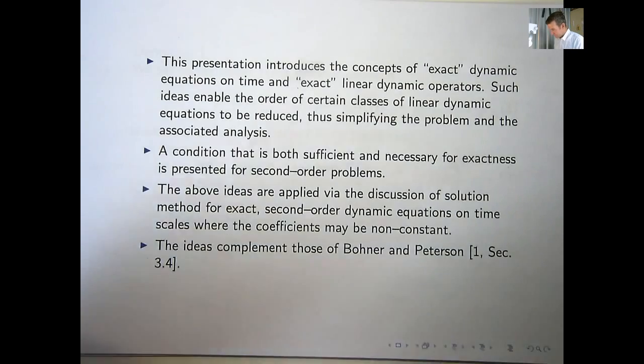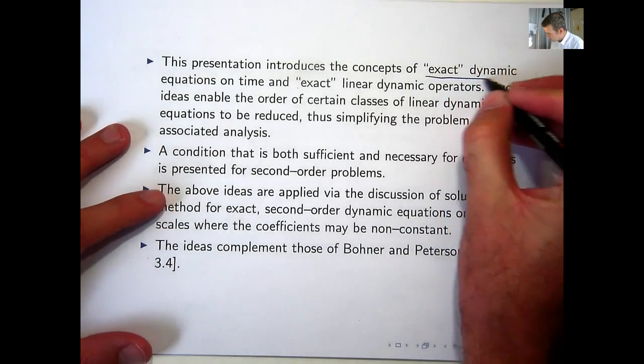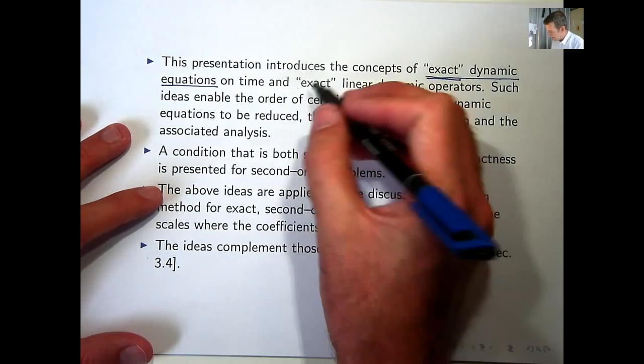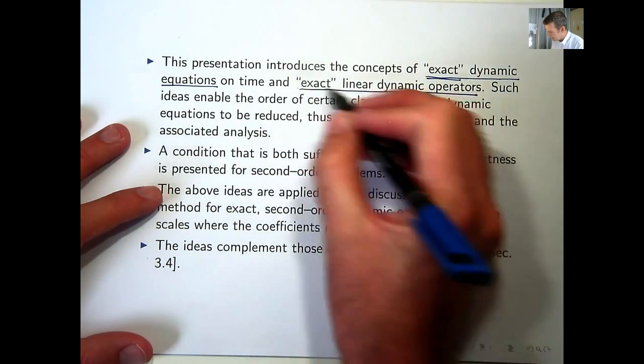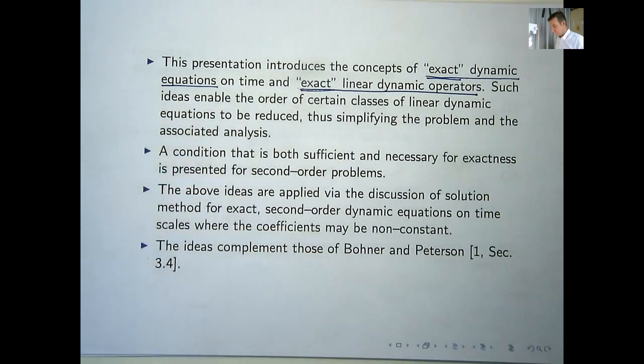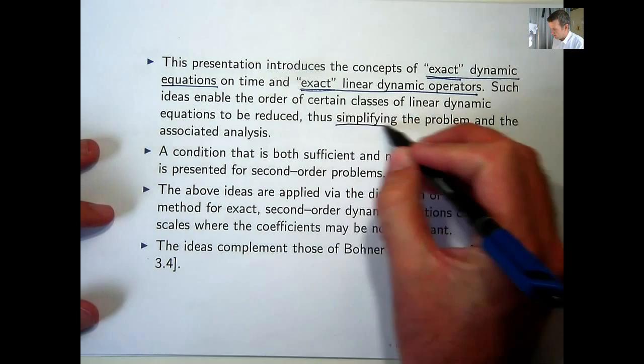Firstly, I am going to introduce the idea of an exact dynamic equation and an exact linear dynamic operator. What this means is that the general equations under consideration can have their order reduced. Therefore, the analysis and the solution method will simplify. Okay, so that's the significance of the results.